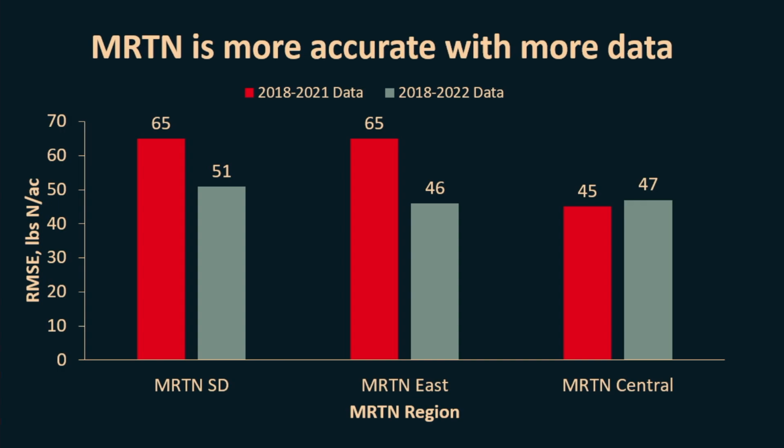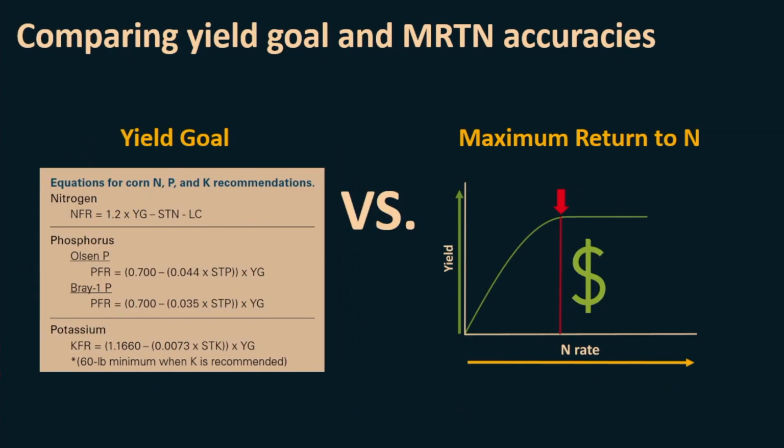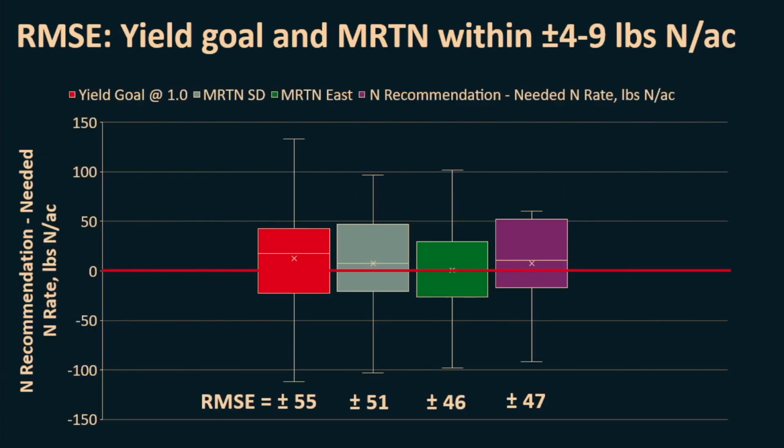So this shows that MRTN is more accurate. Those MRTNs, or the variability, comes down when we add more data. And so he's just got 4 years of data to do that with. So let's compare the accuracies of these two systems. Here we have the yield goal approach in the red bar with its error. The coefficient there was 1 pound of N per bushel of yield goal.